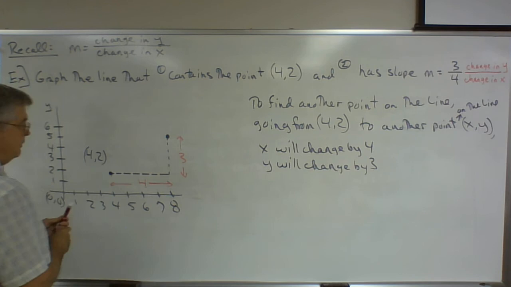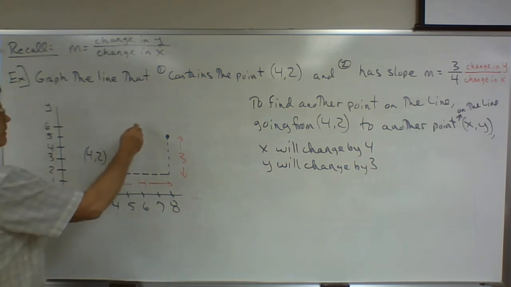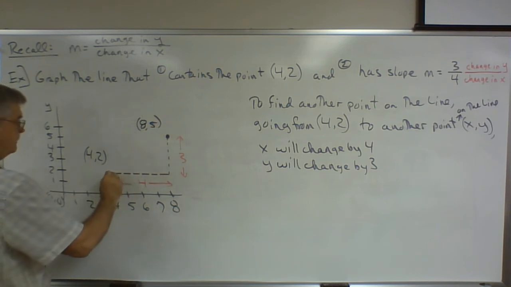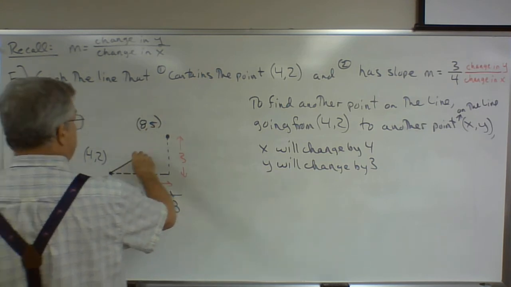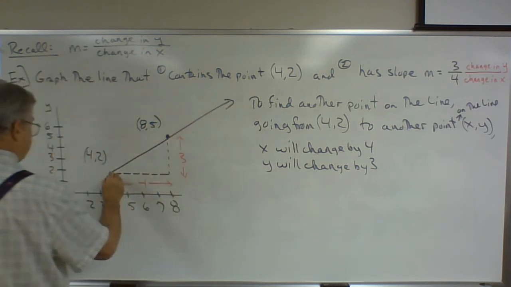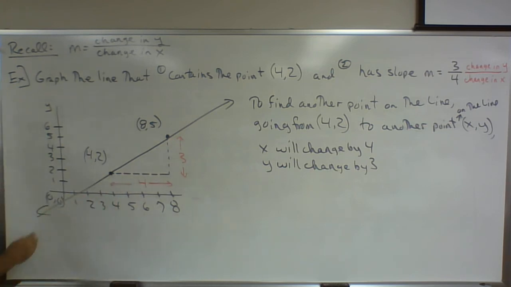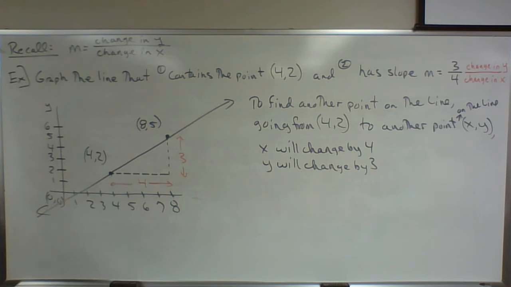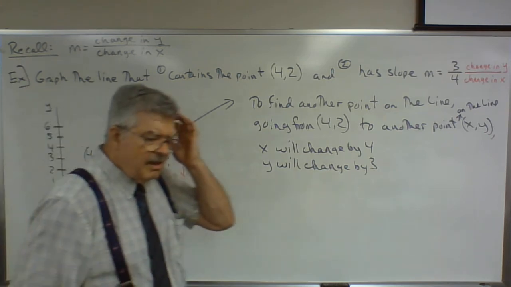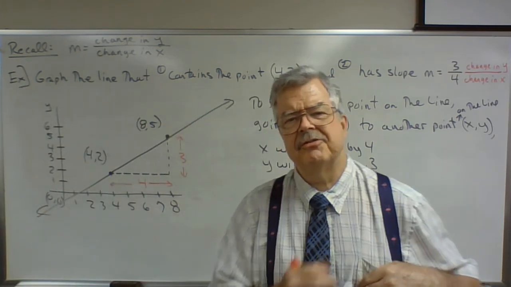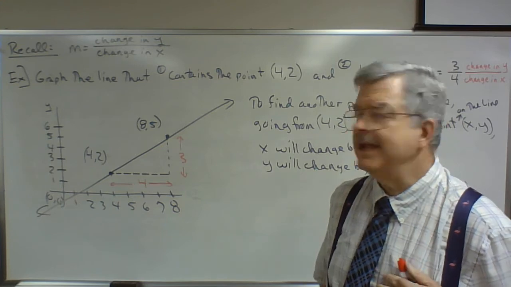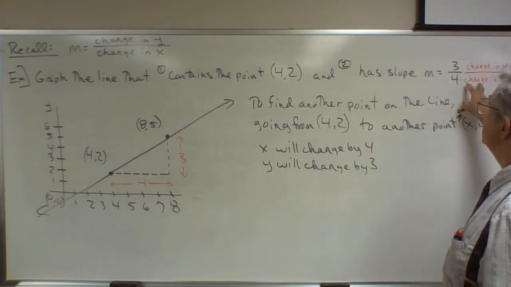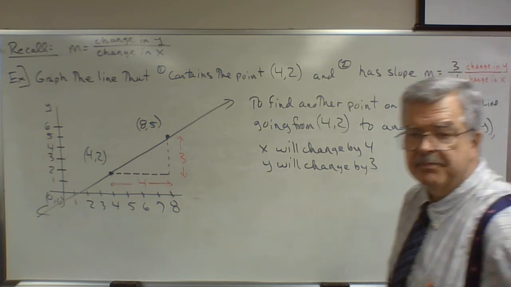And we arrive at the point x equals 8, y equals 5. And that's our second point. Zingo, we have our graph. That's the easiest way to draw the graph of a line, given that we have a point and that we have the slope.